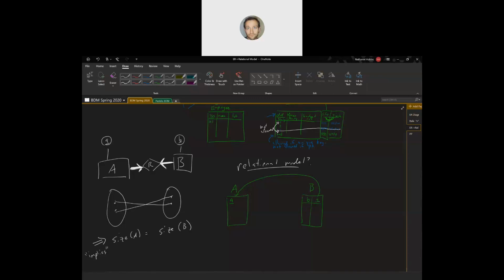Okay. So let's see. If this is a primary key, I can't have more than one here. So would this be allowed in this model?